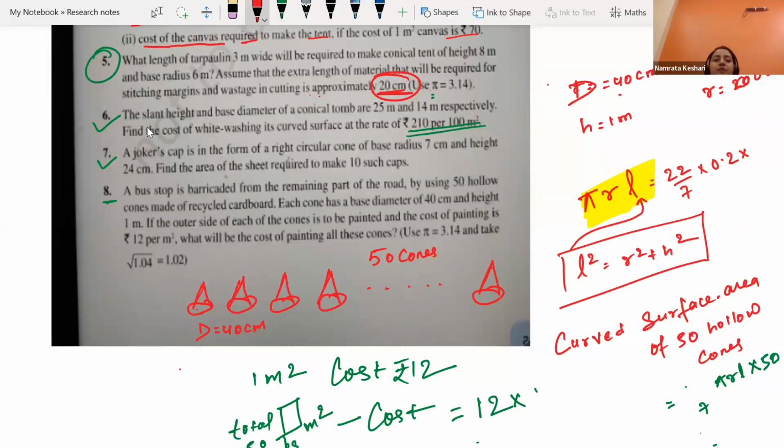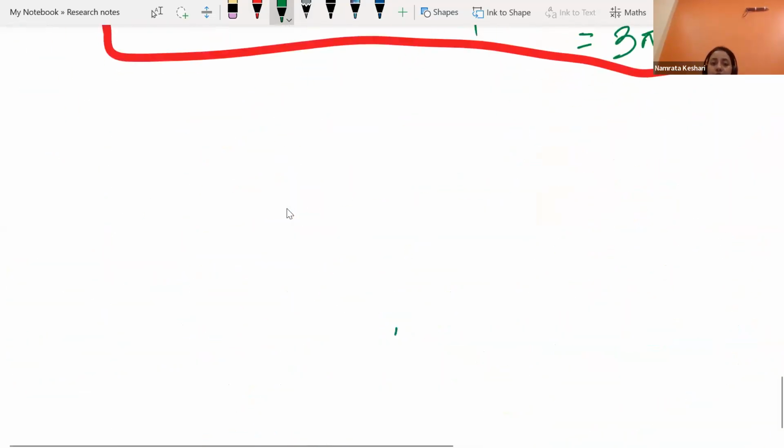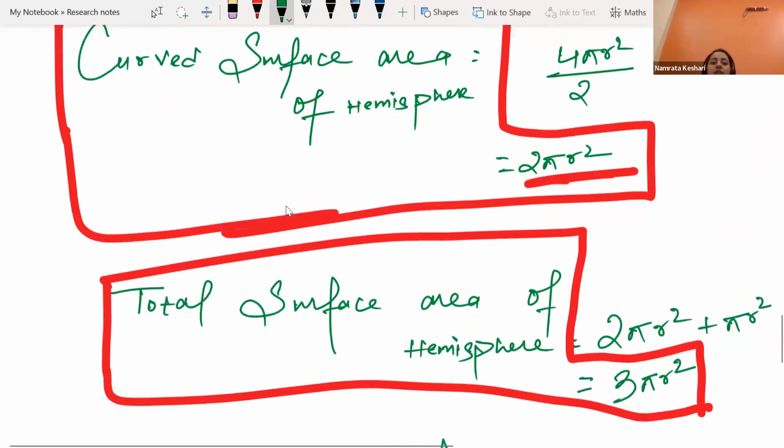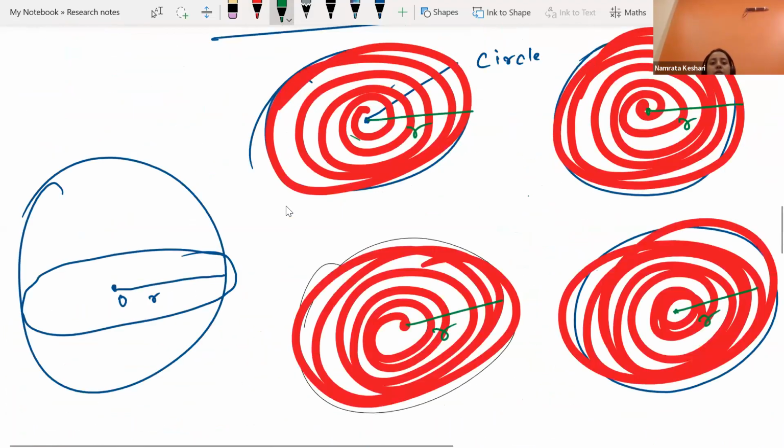It says the slant height and the base diameter of the conical tomb. Okay, we are having a conical tomb whose slant height is 25 meter and base diameter is 14 meter. Okay, what exactly we have to find over here?